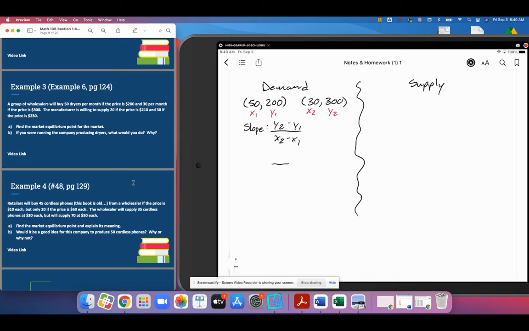So we've got y2 minus y1 is 300 minus 200 over x2 minus x1 is 30 minus 50. And so off camera, I'm going to put that in Wolfram really quickly and see what I get. And what that gives me is -5.